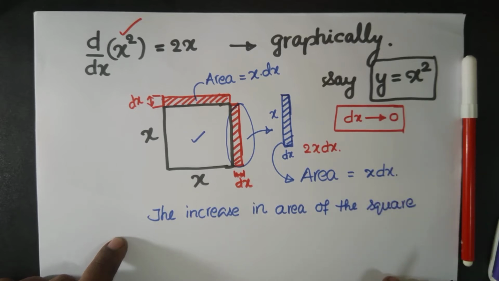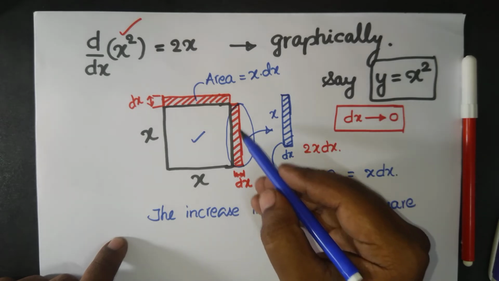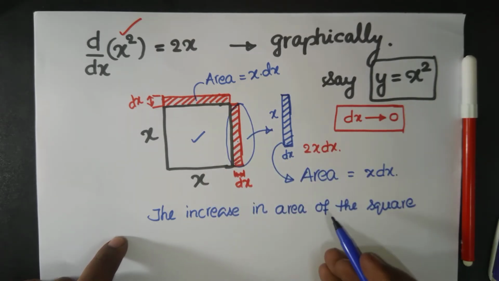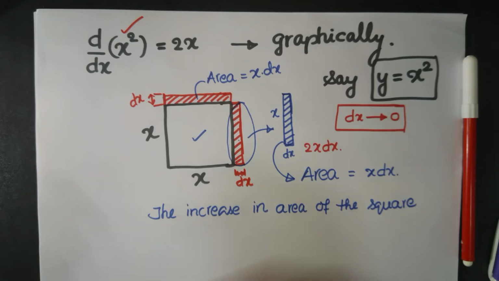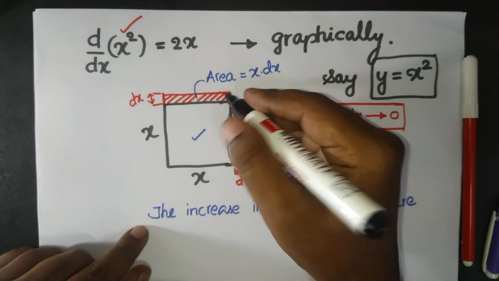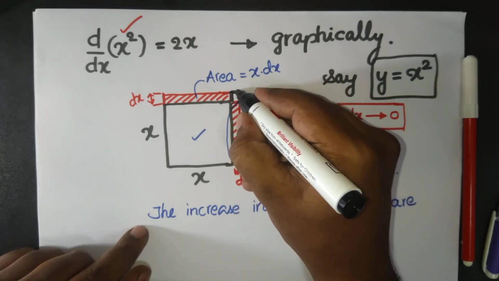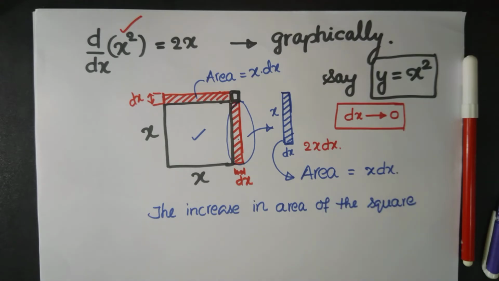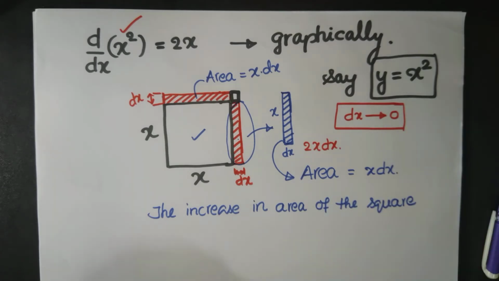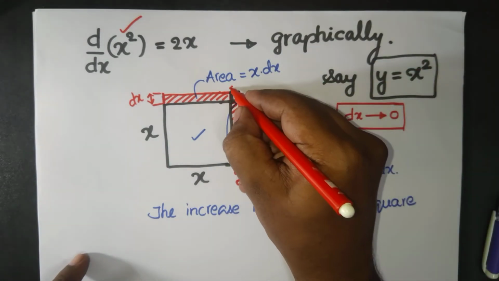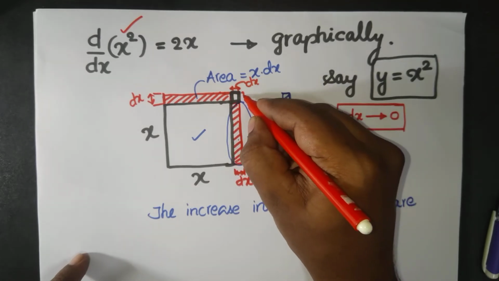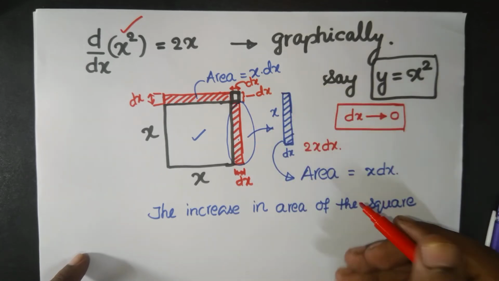is not exactly equal to the area of these two red areas. Because what happened here is this: you see this small portion left here, we did not include this small portion. This is of side dx, and this is also side dx.